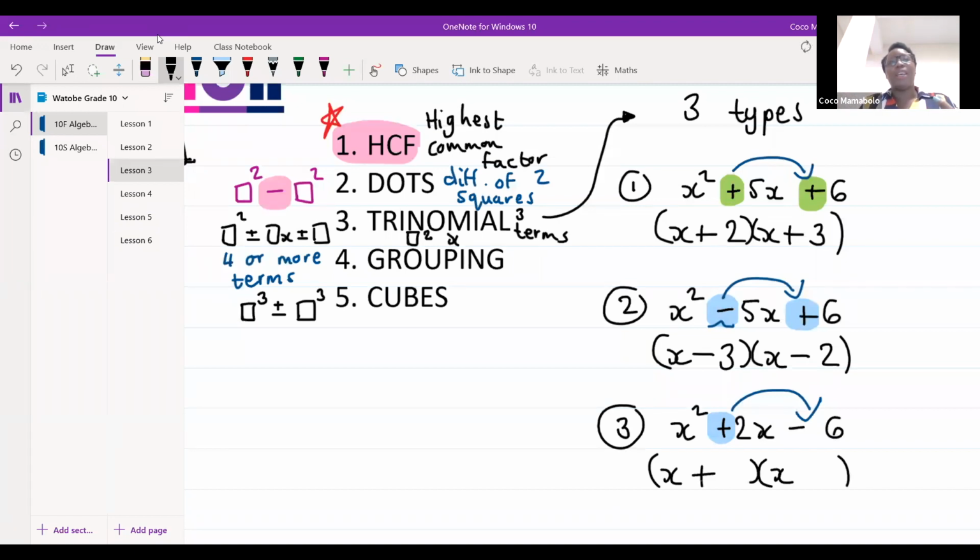So I'm going to put a plus and a minus because I need a positive and a negative to get a negative out. Now I just need to think of the factors of 6 that are going to give me 2. But this time I'm not adding, I'm subtracting. Okay, so I'm going to have, and I completely chose the wrong number. I should leave this here. Okay. I'm going to get positive 3 minus 2. Positive 3 minus 2 will give me positive x.